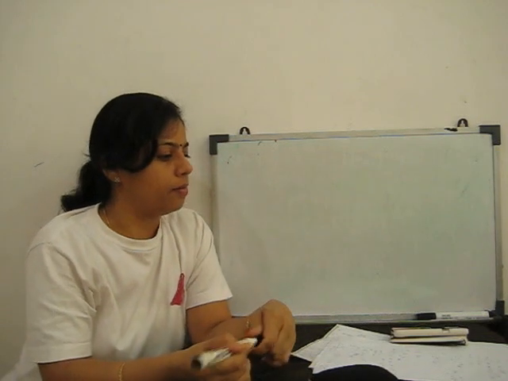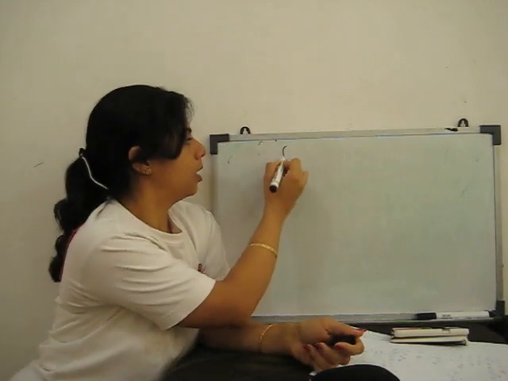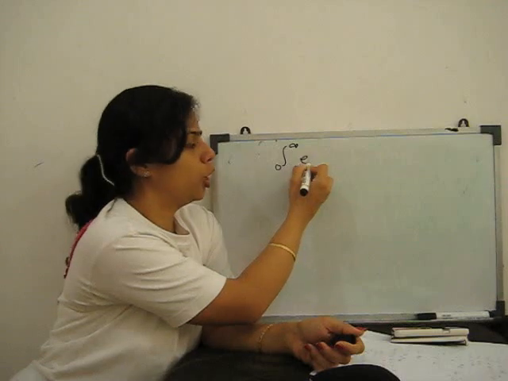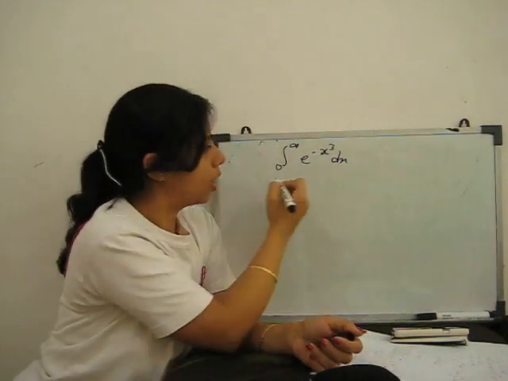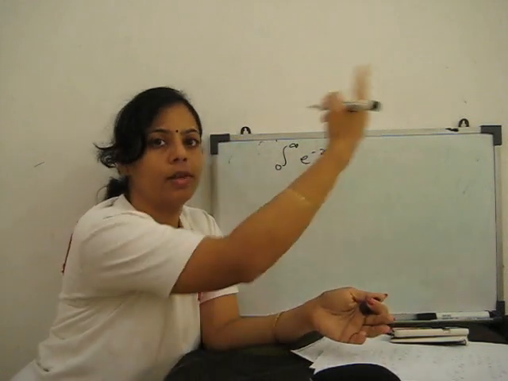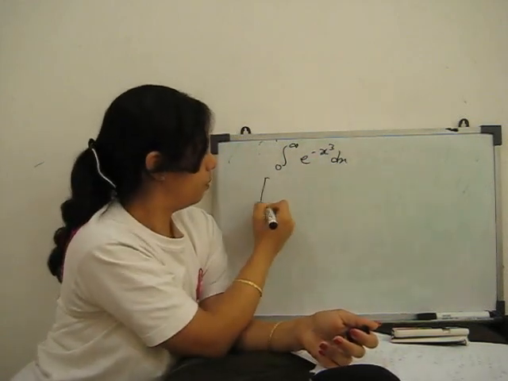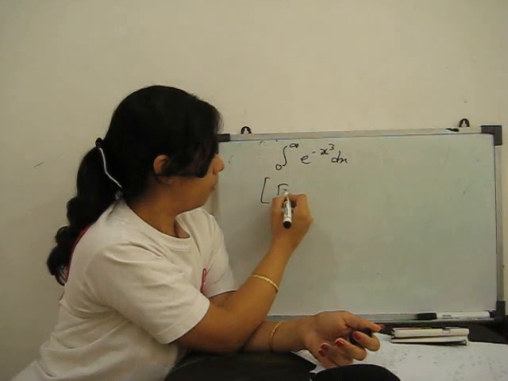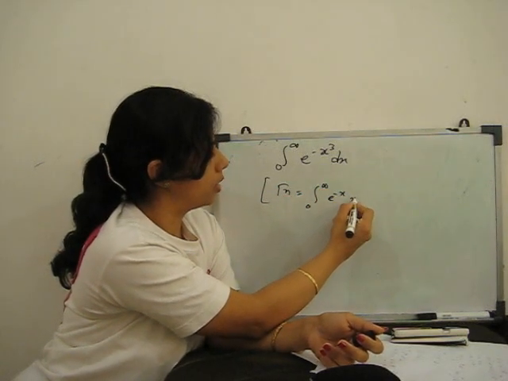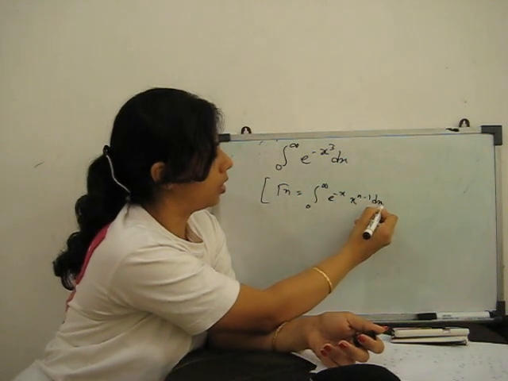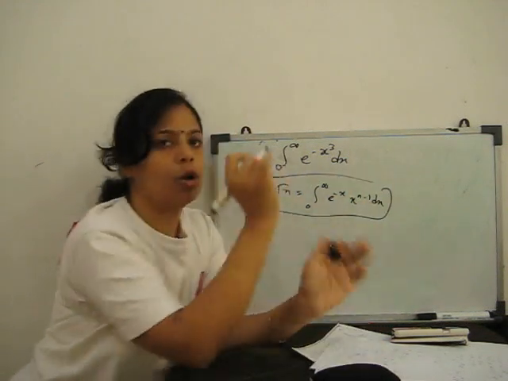For example, a very simple one: if we have the integral 0 to infinity e to the power minus x cube dx. What is your gamma function? You remember it, otherwise write it on one side: gamma of n is equal to 0 to infinity e to the power minus x, x to the power n minus 1 dx. This is in your memory.